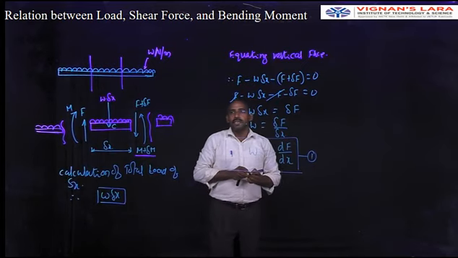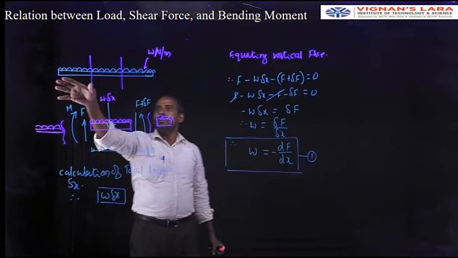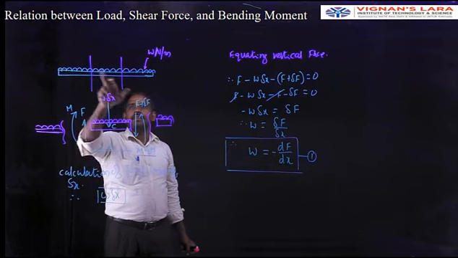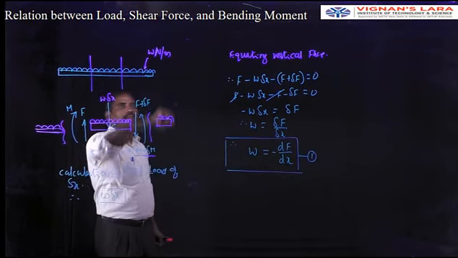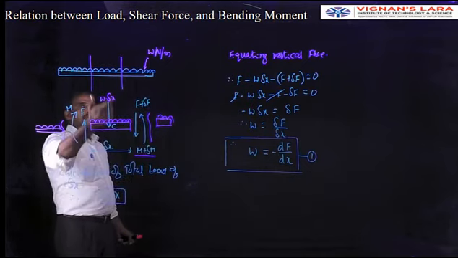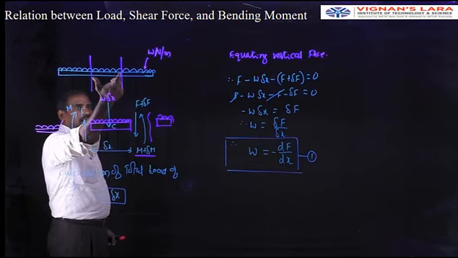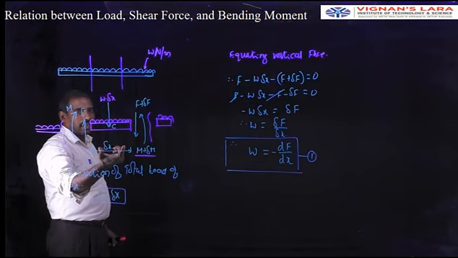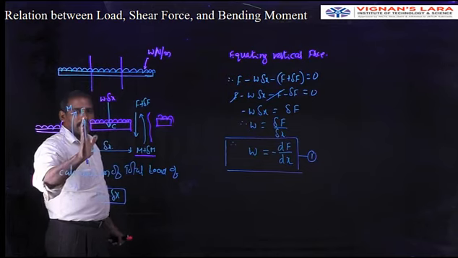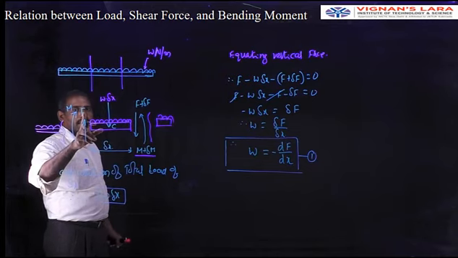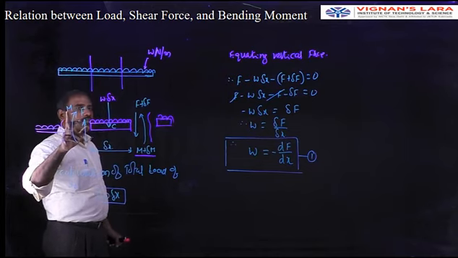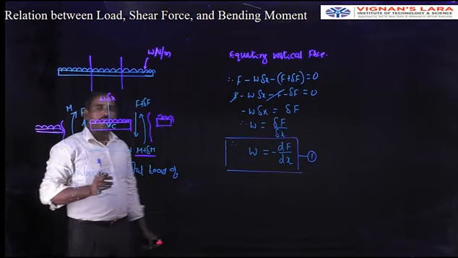What we did simply: we know a beam subjected to a uniformly distributed load at the rate of W Newton per meter. Let us consider a part with a length delta X. At a section XX, the force F vertically upward and the moment M in the clockwise direction.